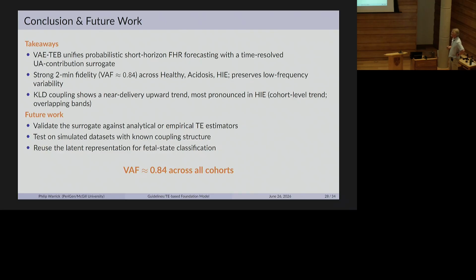So the future work is to validate this surrogate transfer entropy against an analytical transfer entropy estimate to see how close we are to that original definition, and test this on simulated data sets with known, basically synthetic data sets, and then transfer back to our UP FHR training context.